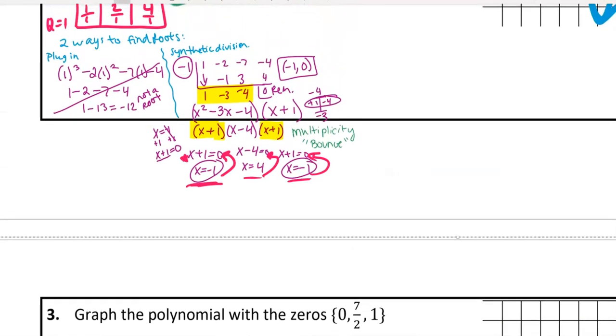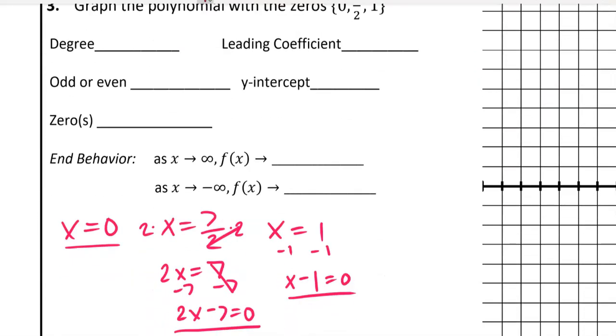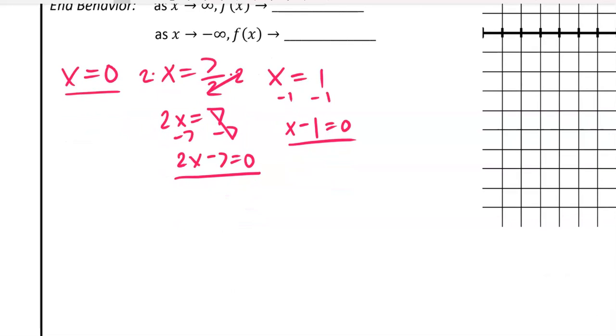I'll go back up to show you. So now we're here where I put the little star, and now we're moving back here where we have our factors. So to write them as factors, we're going to say x, 2x minus 7, x minus 1. All right.